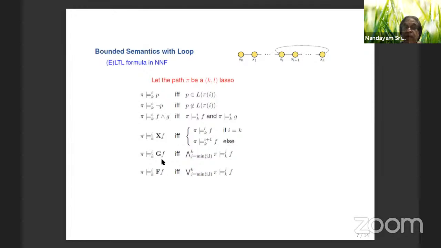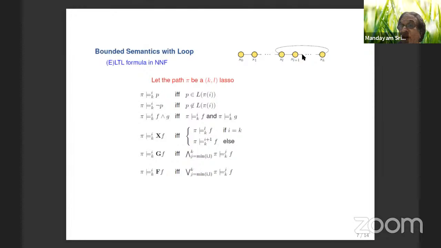So similarly for G of F. Starting with i, if i is somewhere between s0 and sl, you take the conjunction, starting from i all the way to k. But for things beyond k, because it is lassoing, you can check if i is greater than l.